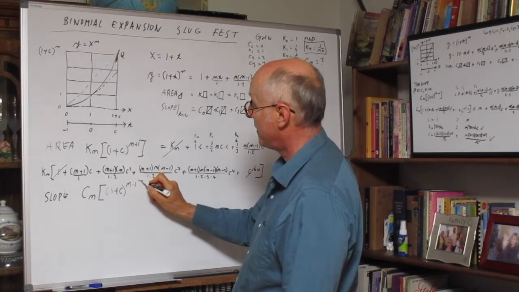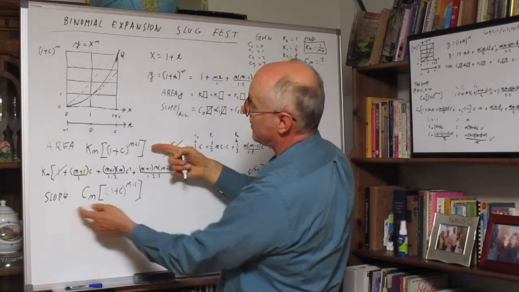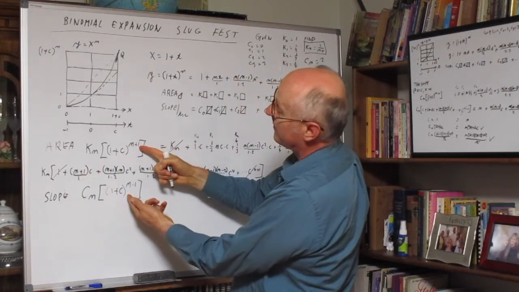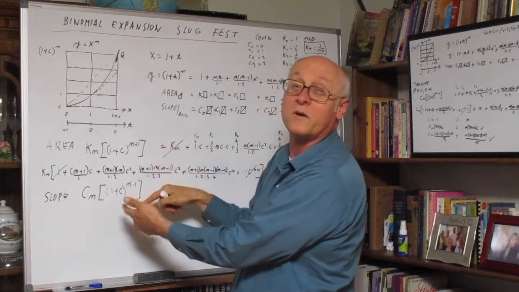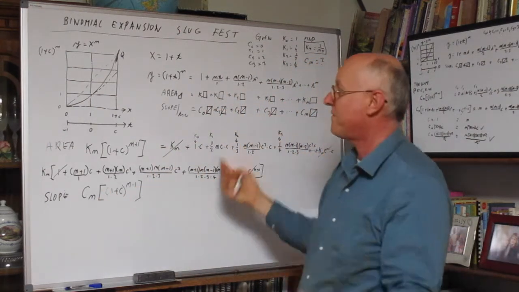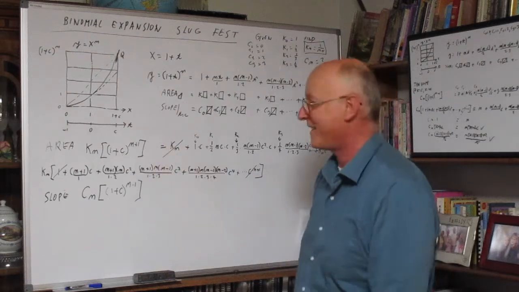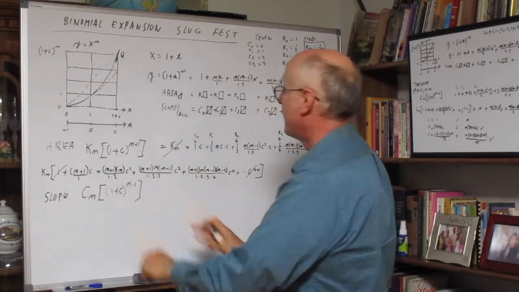See it? You can see the similarity between the area and the slope. With the area, basically it raises by 1 power. With the slope, it lowers by 1 power. Algebraically, that's the difference between them. Pretty cool. So this is from the x perspective.